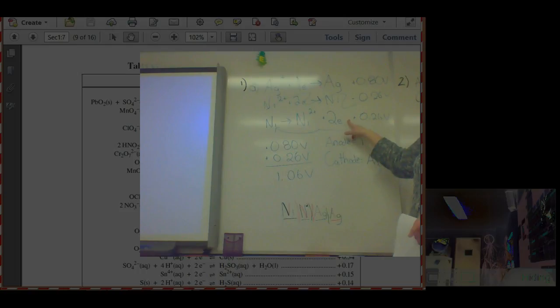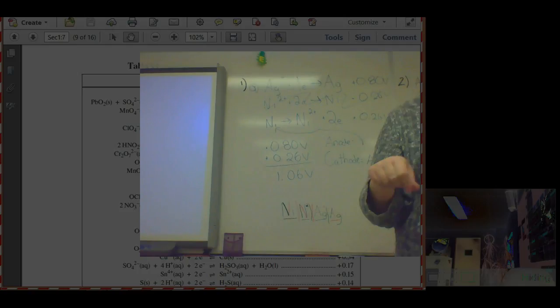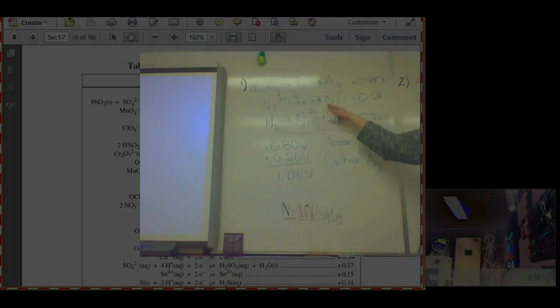So if it gives you 2 reduction reactions, you have to use your data table in order to figure out which one of those chemical reactions is actually higher on the table than the rest. This one is going to become your oxidation reaction because you need something to lose its electrons in order for the silver to gain its electrons.